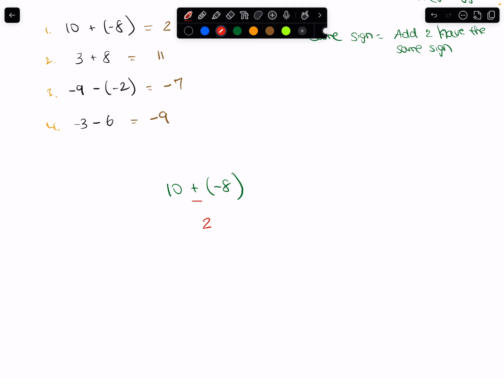Answer is 2. Next one, 3 plus 8. Sign in the middle, positive. No need for keep change change. The signs between the two of them are both positive, so we just keep the same sign and we just add. 3 plus 8, 11.